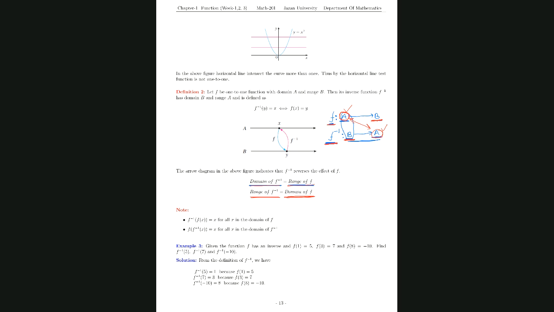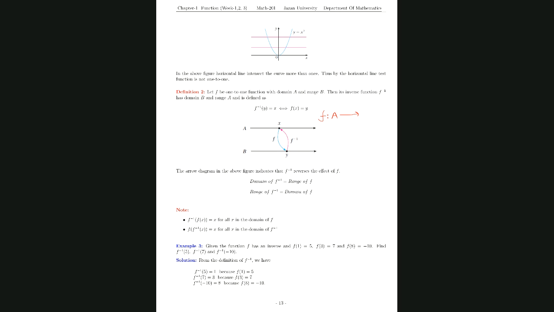If the function is one-to-one, then the inverse exists, so f inverse exists. Let me explain one more time. See here, function f from a to b.